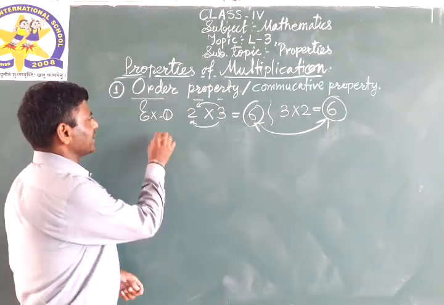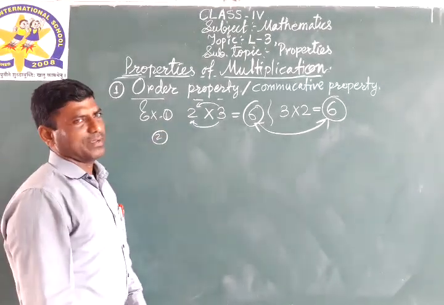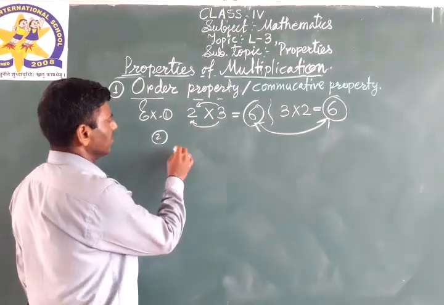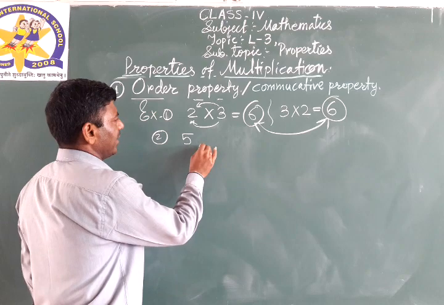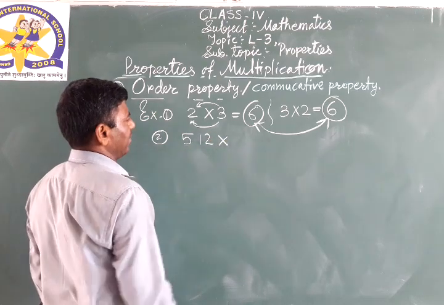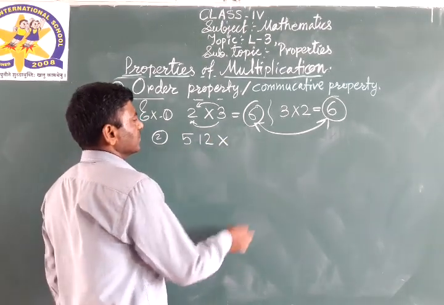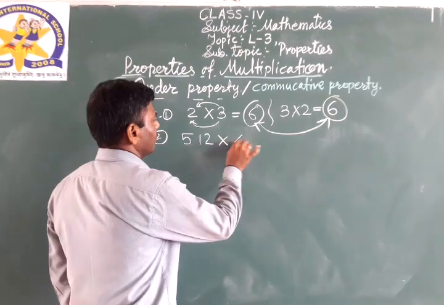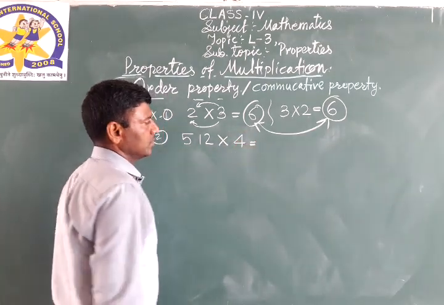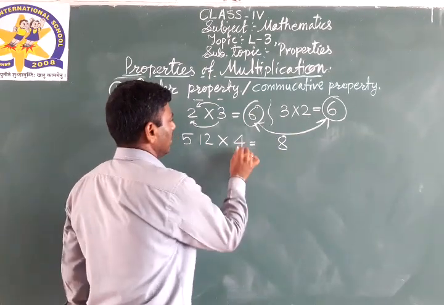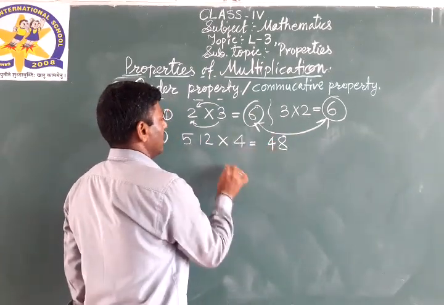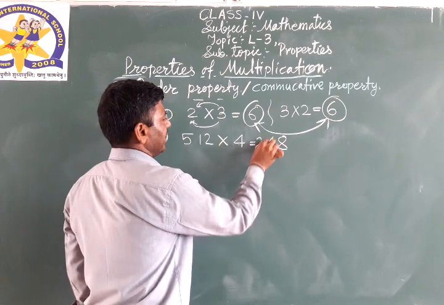Let's take another example. Again your vision will be clear. 512 multiplied by 4, suppose. Now multiply. 4 2s are 8, 4 1s are 4, and 4 5s are 20.